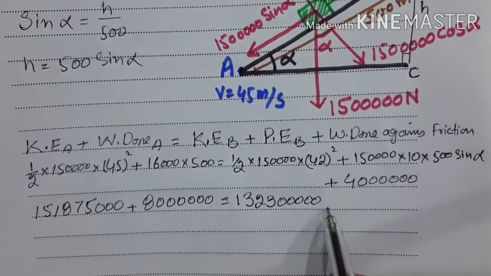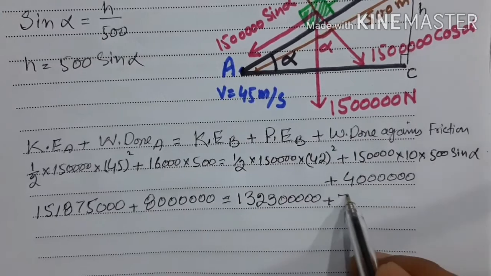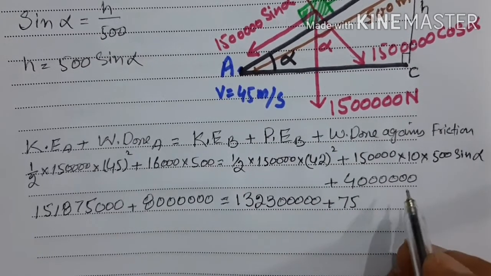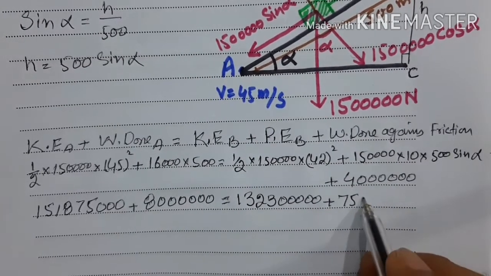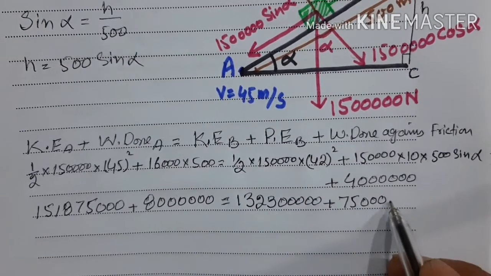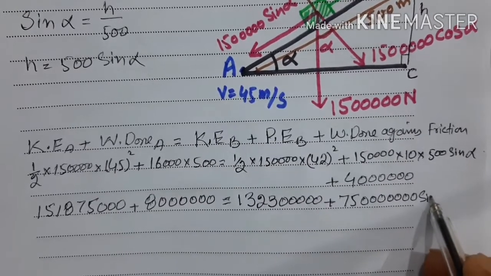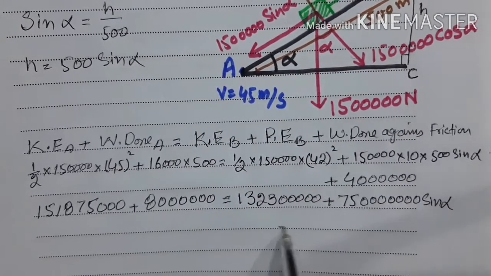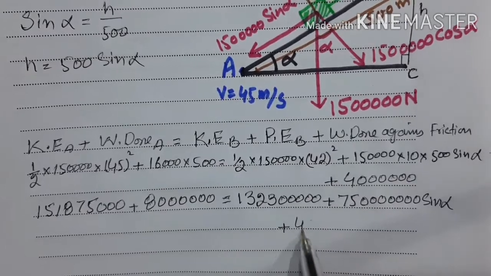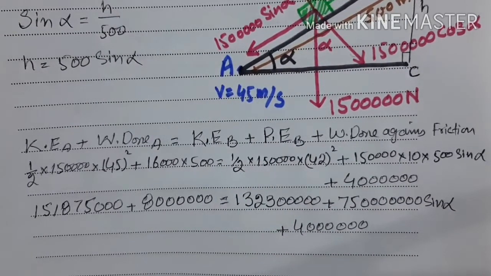This is the kinetic energy at B. What will be the potential energy? 7 5 1 2 3 4 5 6 7 zeros sine alpha plus 4 1 2 3 4 5 6 zeros.